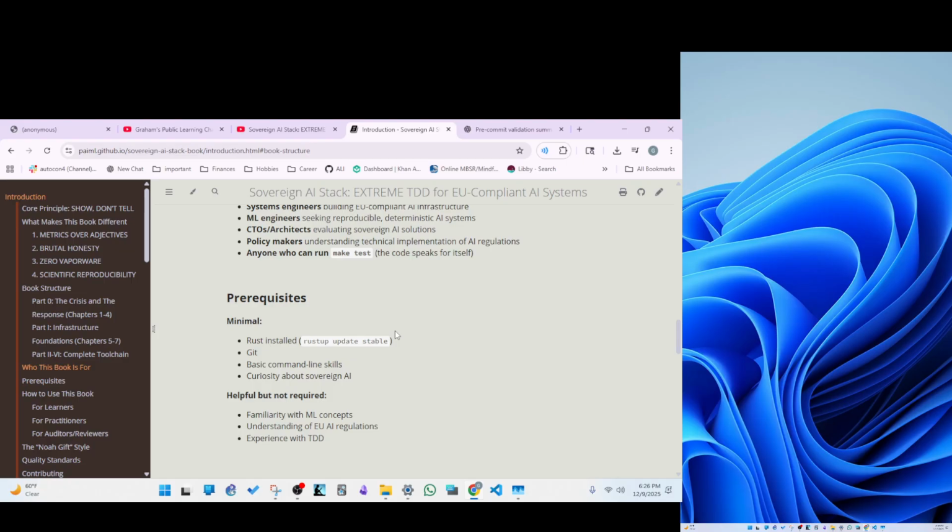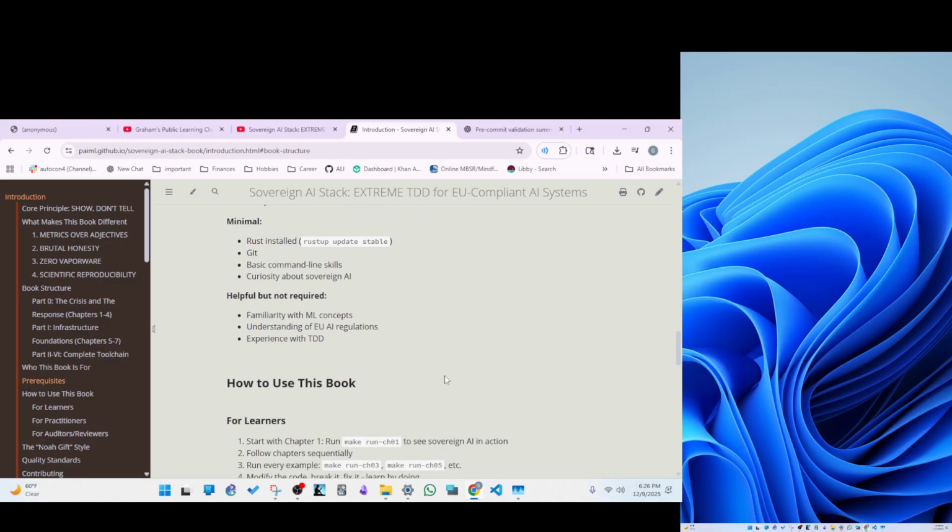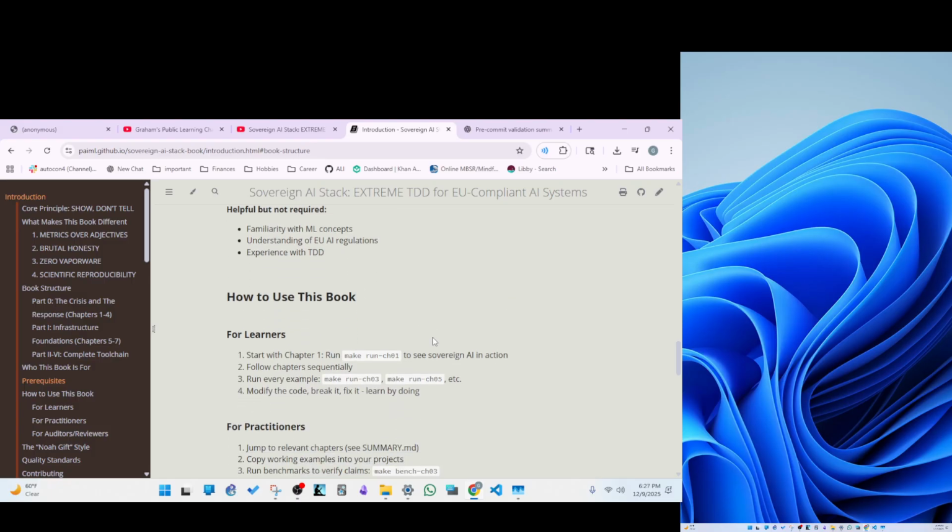Then Git, basic command line skills, curiosity about sovereign AI, helpful but not required familiarity with ML concepts. I certainly have that. Understanding of EU AI regulations. I absolutely do not have any of that, but I'm curious to know. And then experience with test-driven development. Definitely have some experience with that, but I definitely can be better at that.